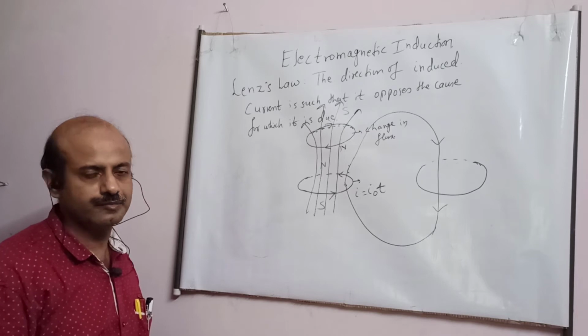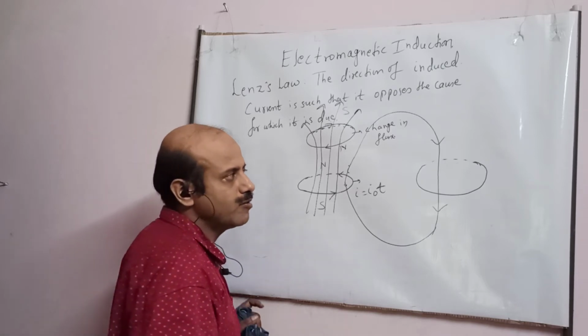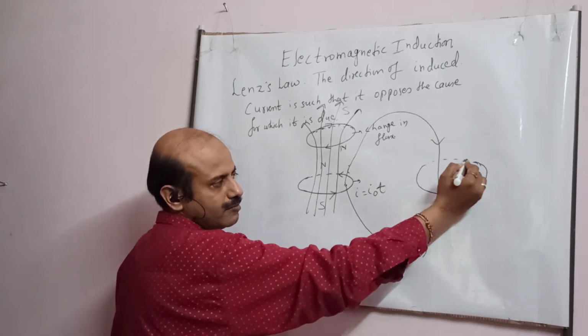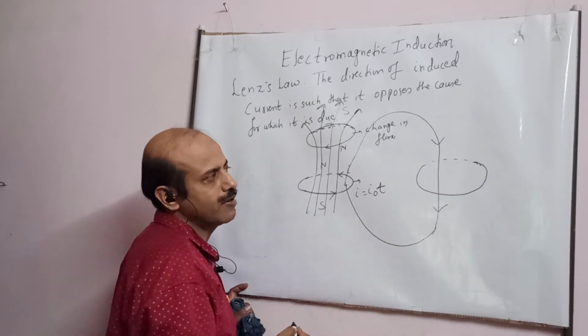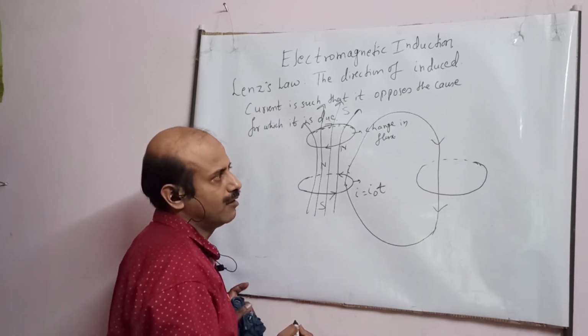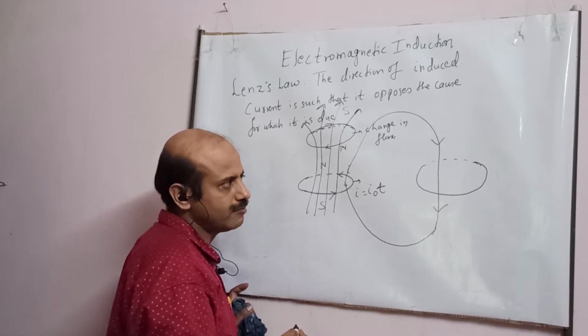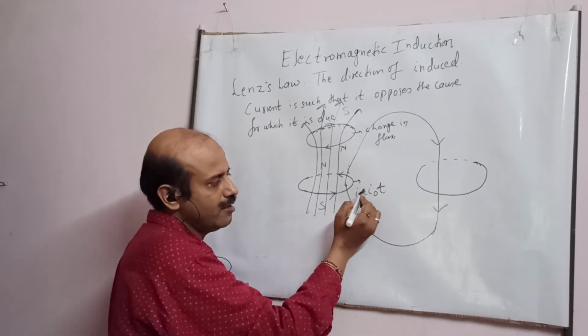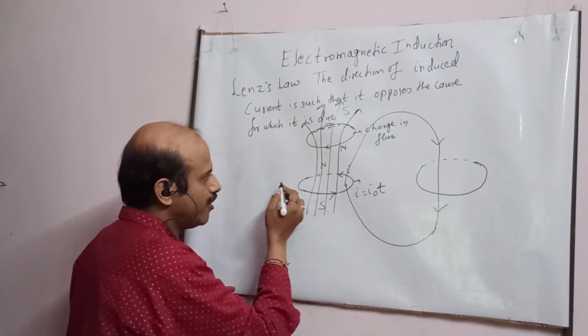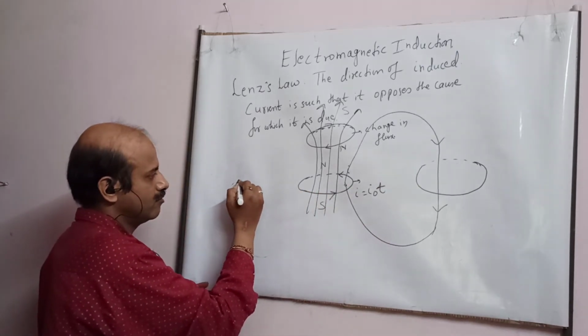Okay, student. Now, student, it has to oppose this field. How will the induced current flow, student? Because the current is increasing with time, student. Similarly, you can take one more loop here also.